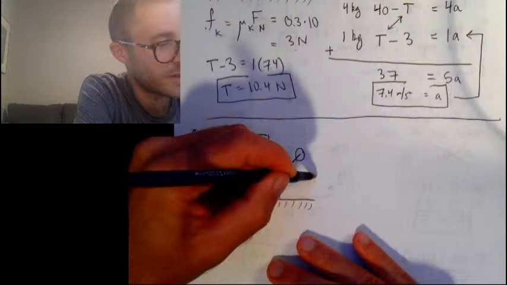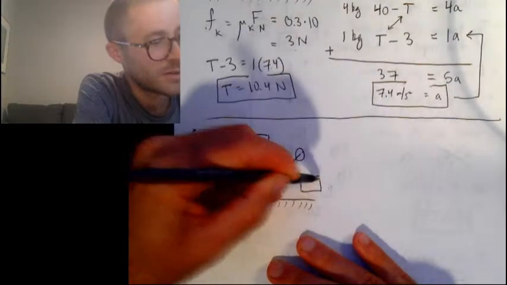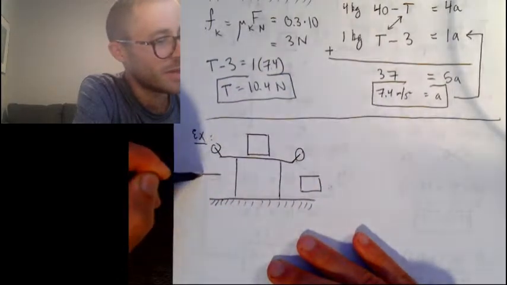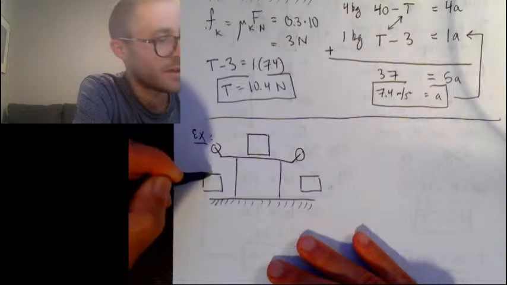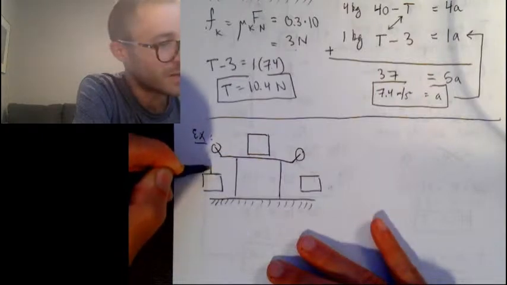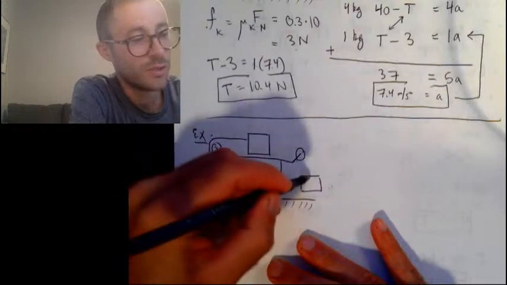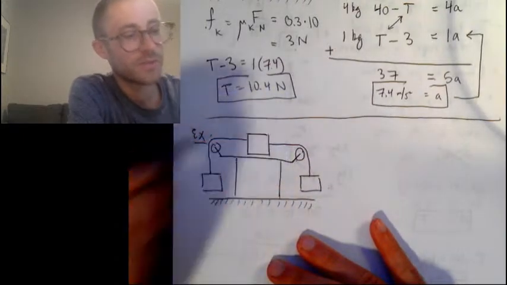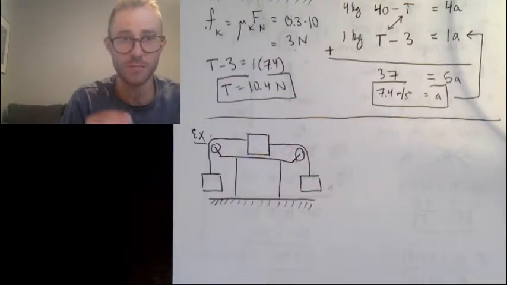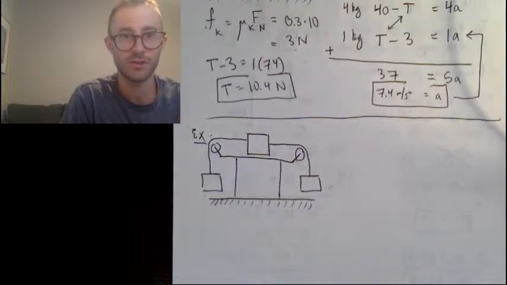We've got a dangling mass over here. We've got a dangling mass over here. And those 2 masses are connected by 2 different ropes. So that means we're going to have 2 different tensions.